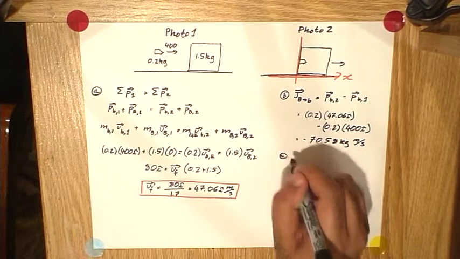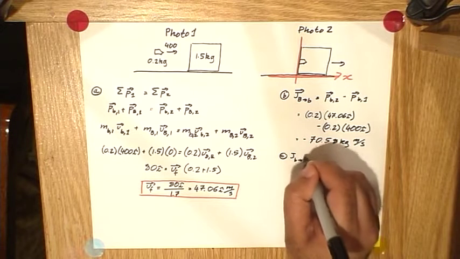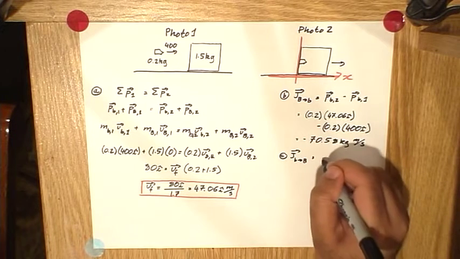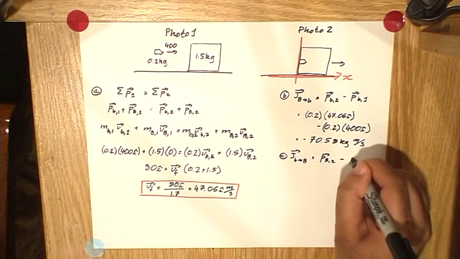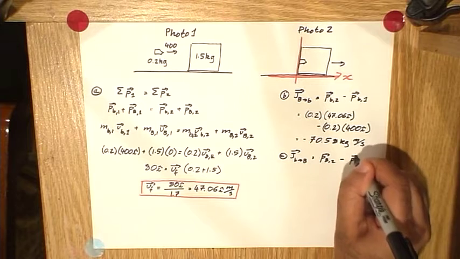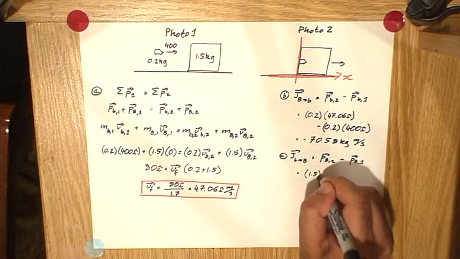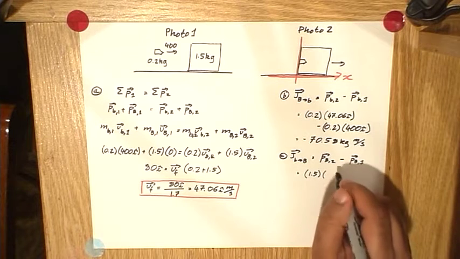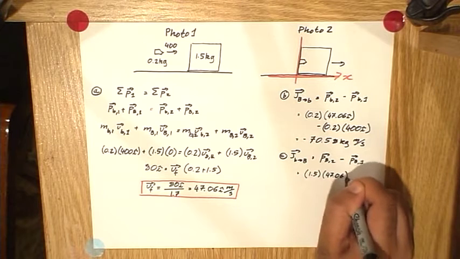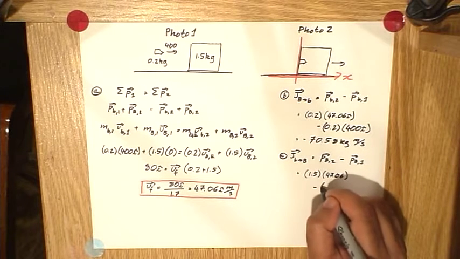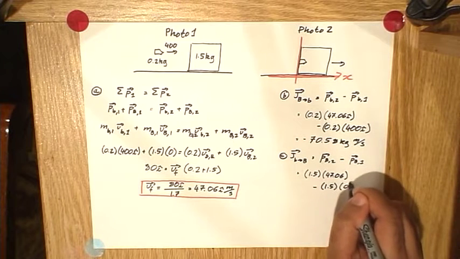What about for the impulse of the bullet on the block? That would be the momentum of the block in photo 2 minus the momentum of the block in photo 1, which works out to the mass of the block, 1.5, times the final velocity of the block, 47.06, minus 1.5 times the original velocity of the block, which was 0.